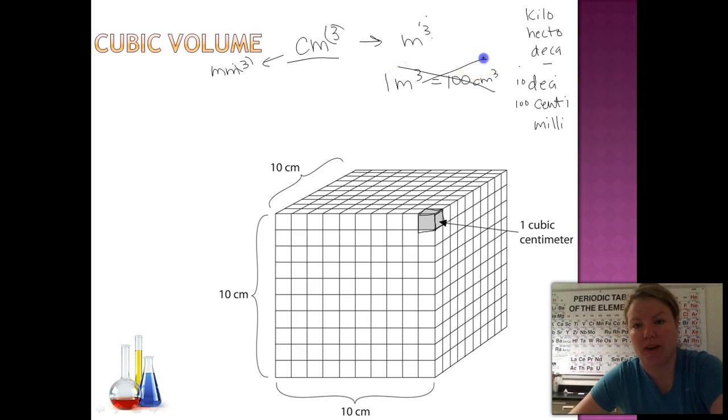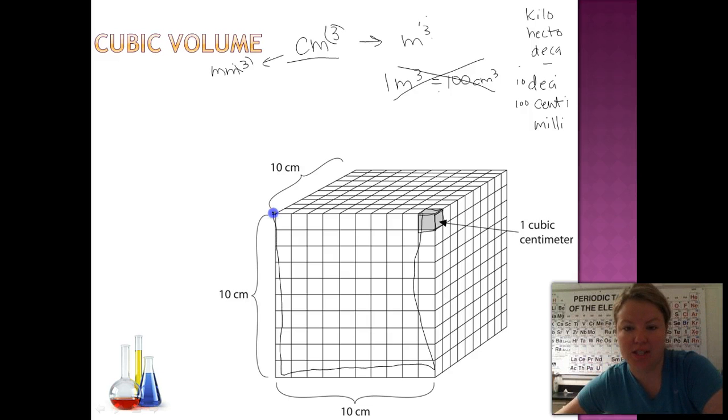That is incorrect. Okay, and the reason for that is that what that is saying is that there's only 100 centimeters cubed in 1 meter cubed. And so all that we're referring to with this is just one side. There's 100 in just this one side.